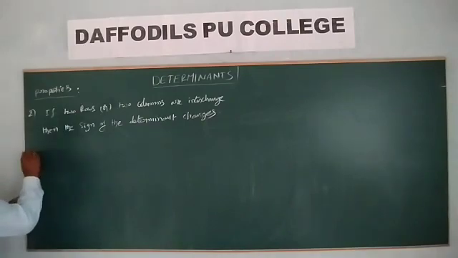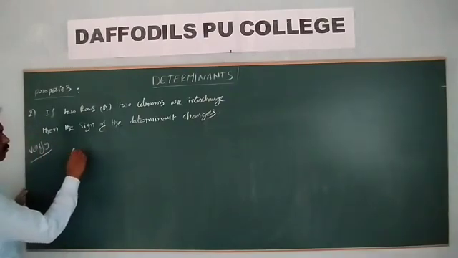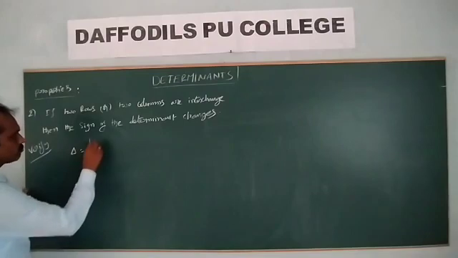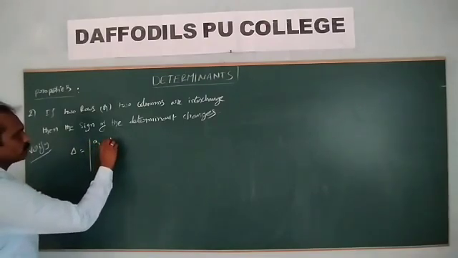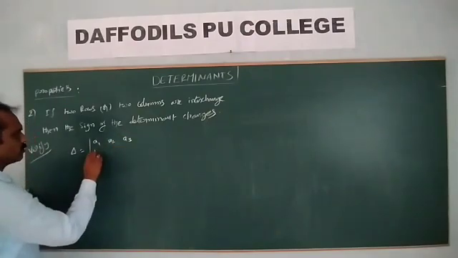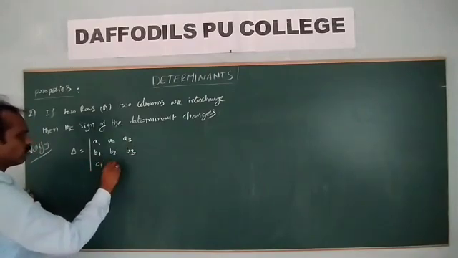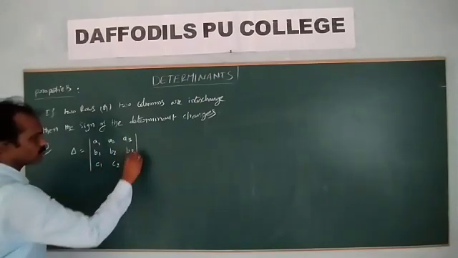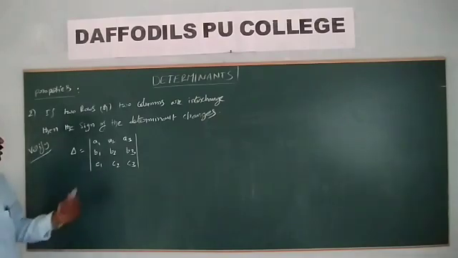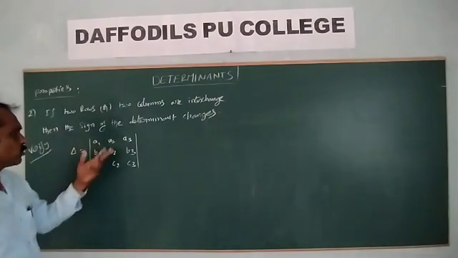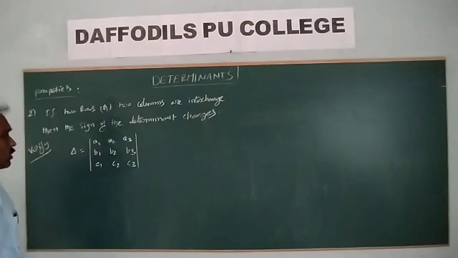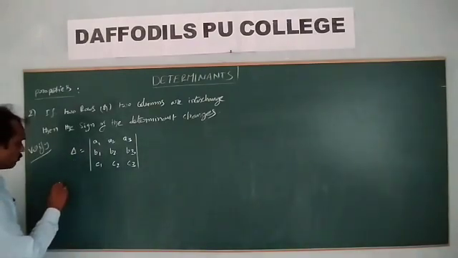You can see the proof or verification. Let the determinant be A1, A2, A3, B1, B2, B3, C1, C2, C3. Any two rows or any two columns are changed. First of all, what is this value?